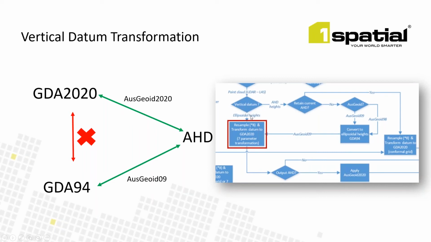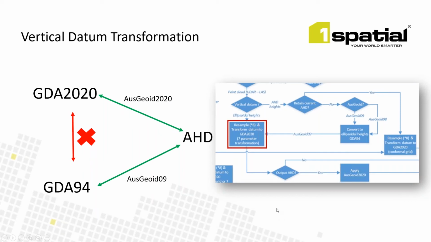The data is collected using GDA94, and the user converts the AHD height into ellipsoidal height using AUSGeoid09, and then tries to apply AUSGeoid2020 to convert that value to AHD. That doesn't match with this diagram again, so that won't work. We'll get an incorrect value in that case.